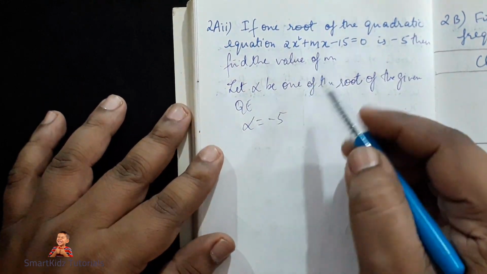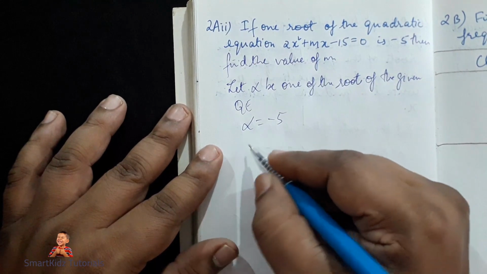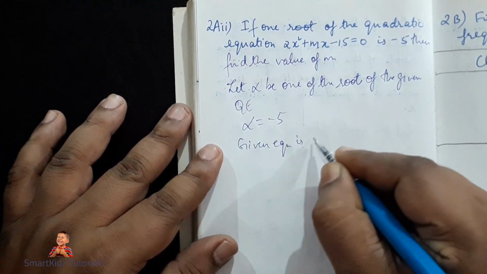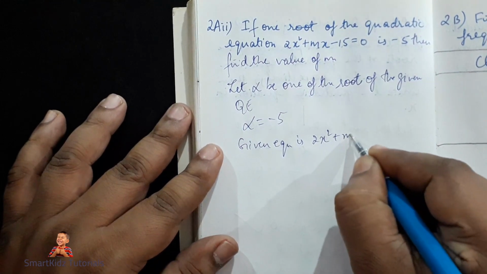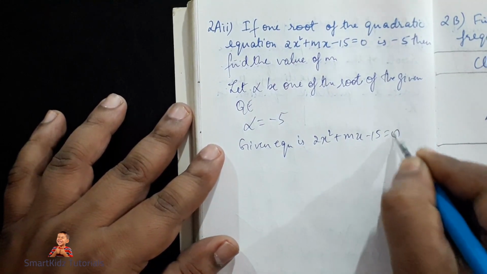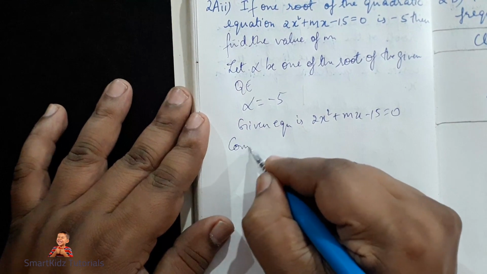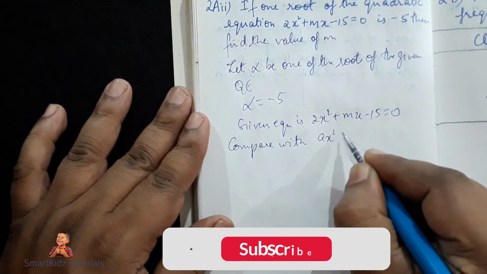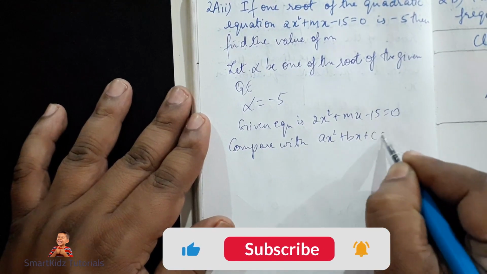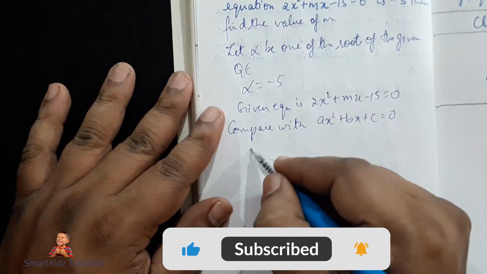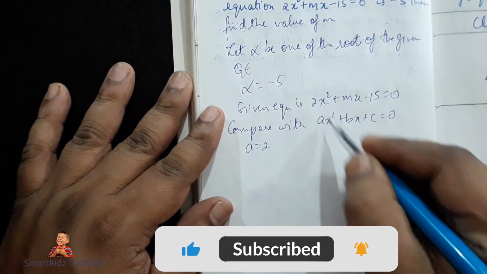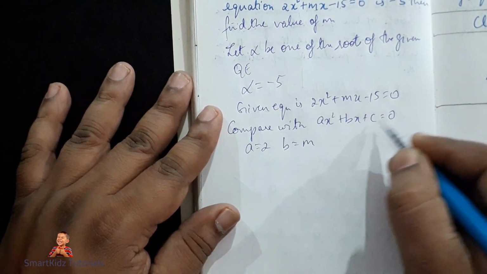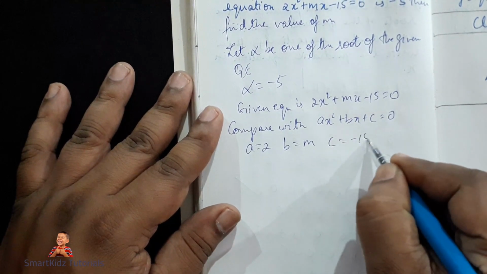Okay, now this is what we have been given. So the given equation is 2x square plus mx minus 15 equal to 0, and we compare with our general formula, that is ax square plus bx plus c equal to 0, and when we compare we get a equal to 2, see their coefficients, b is equal to m, c is equal to minus 15.